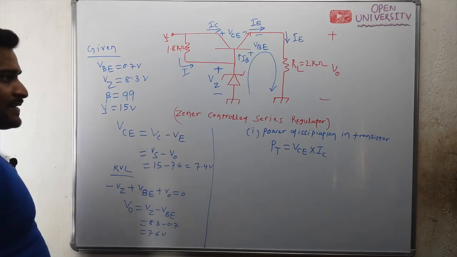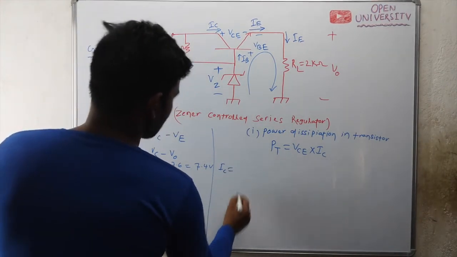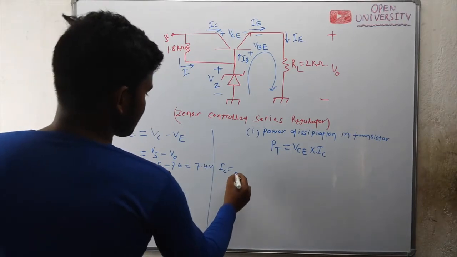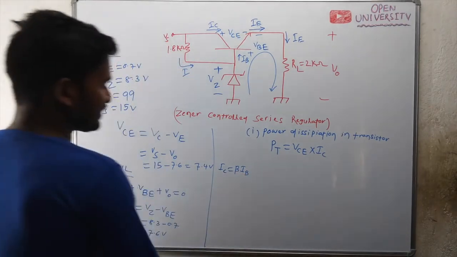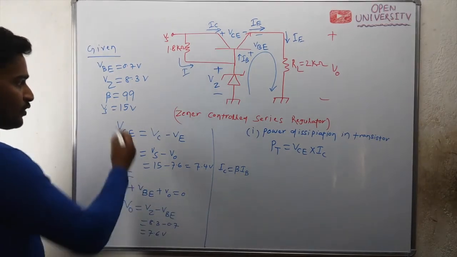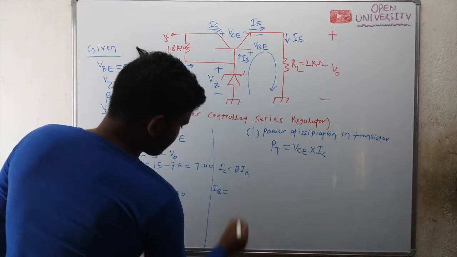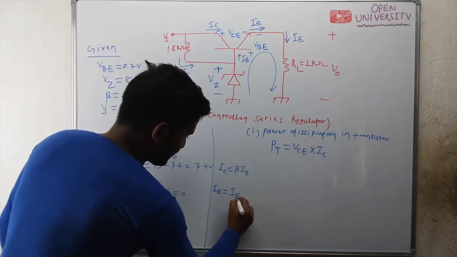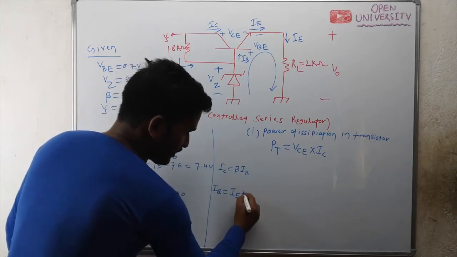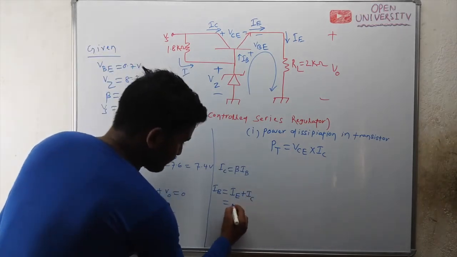Then how to get IC? You can say IC equal to beta times IB. You should use this formula because the beta value is given. What will be IB?